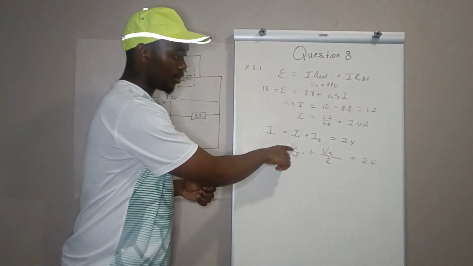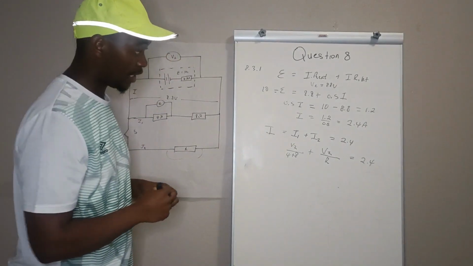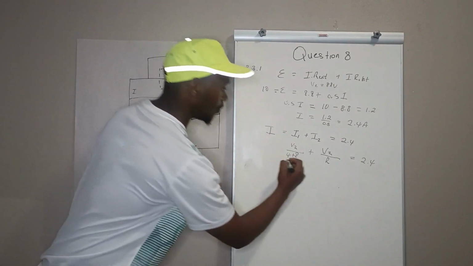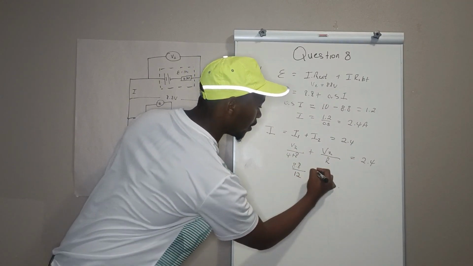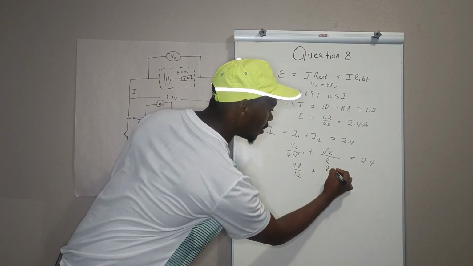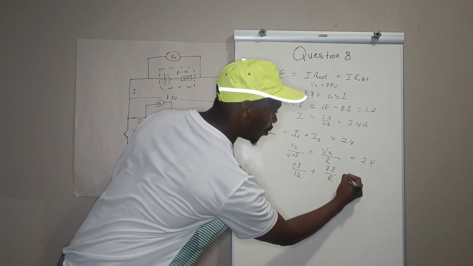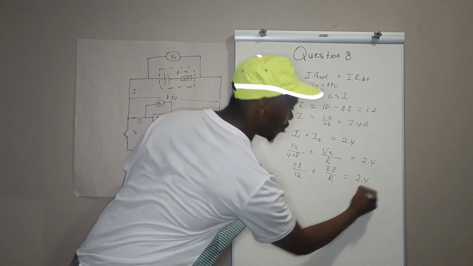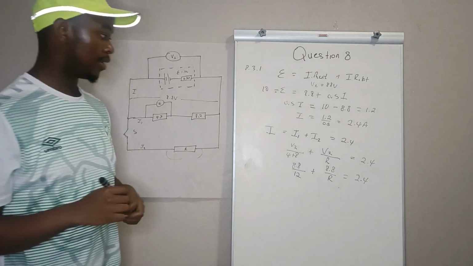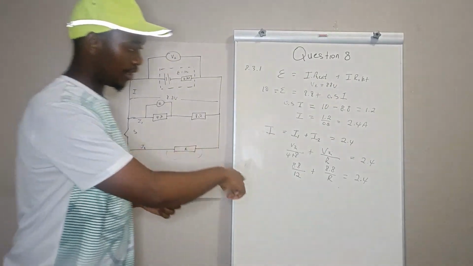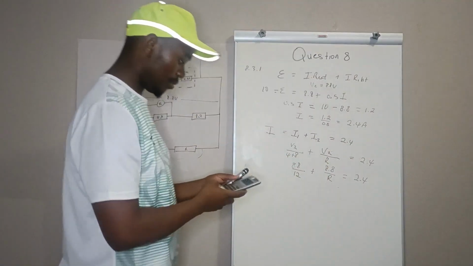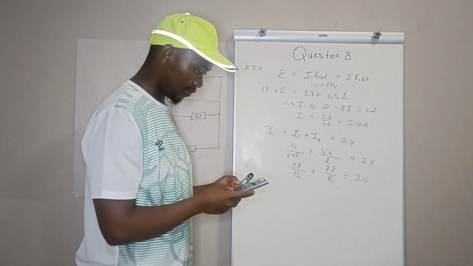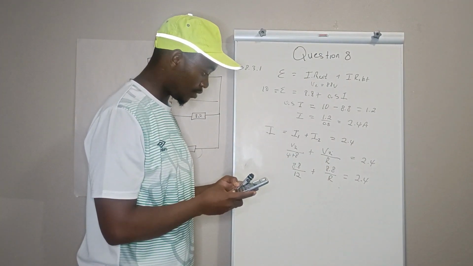Alright, so we can substitute here by our V2, which is 8.8 volts. 8.8 volts over 12 plus 8.8 volts over R that we don't know. This should all give you 2.4. Right, then you can solve for this. If you take this to the other side, it's going to be 2.4 minus 8.8 over 12.